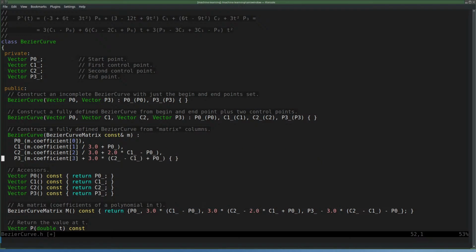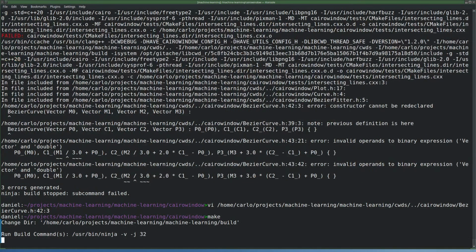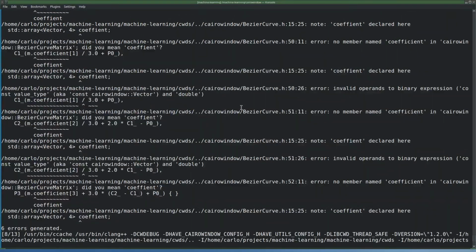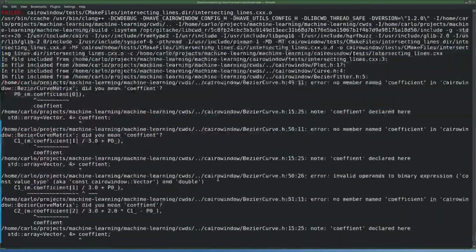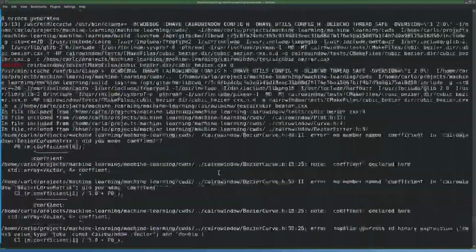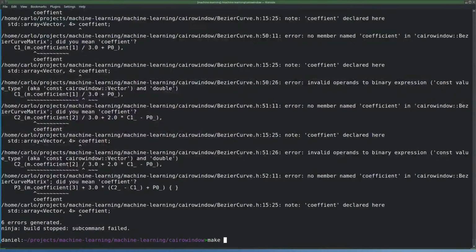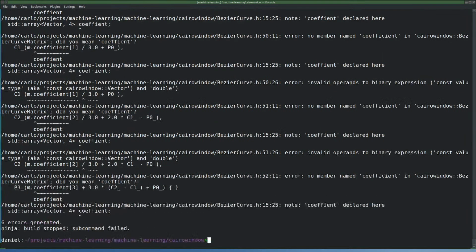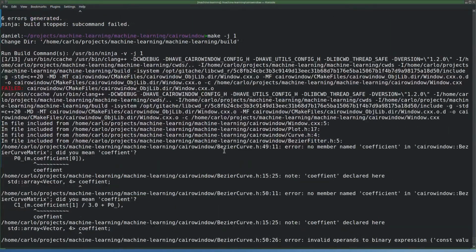Not that bad. Now let's fix that division there. Or not. First, let's fix everything else. That's it. Too many errors. No member coefficient in Cairo window.